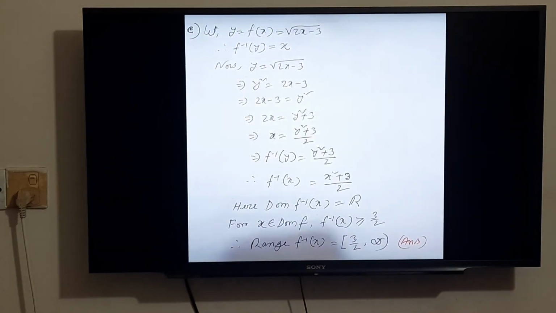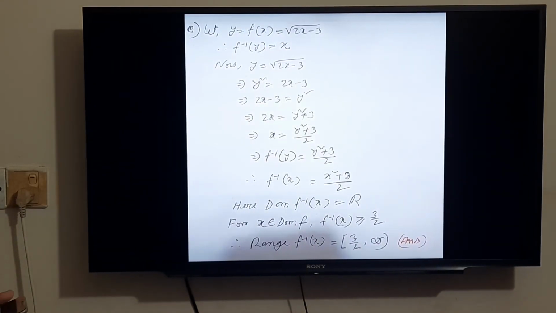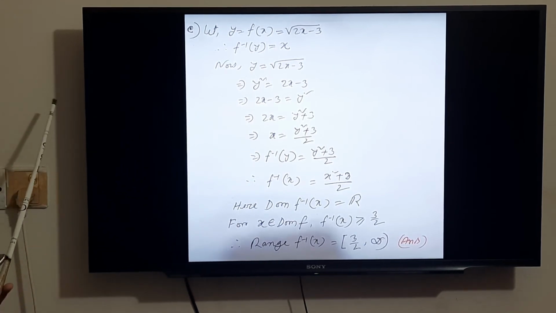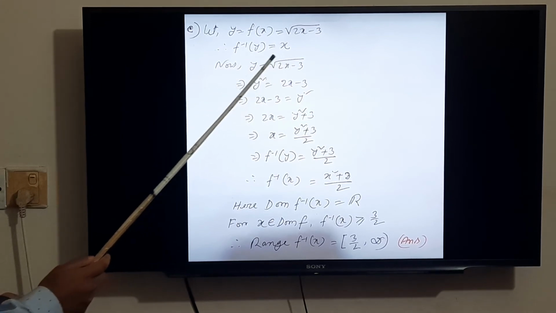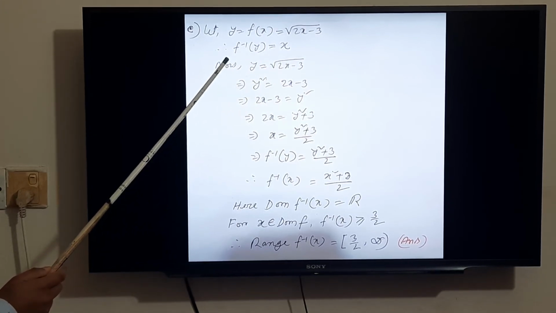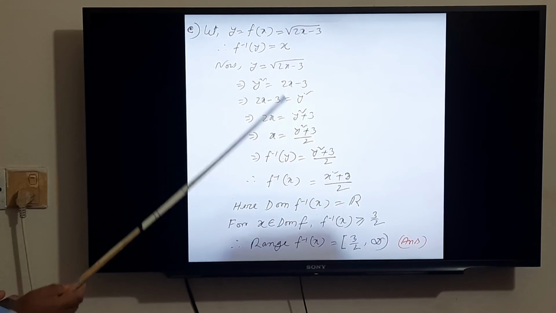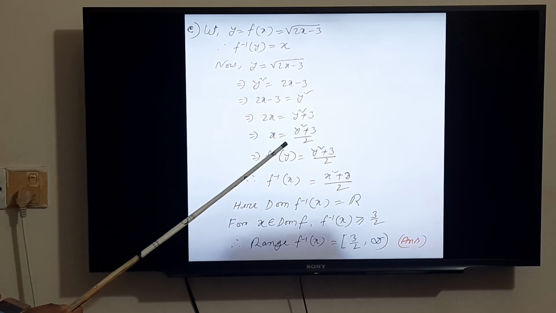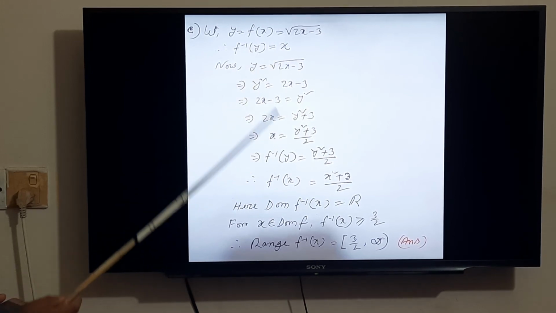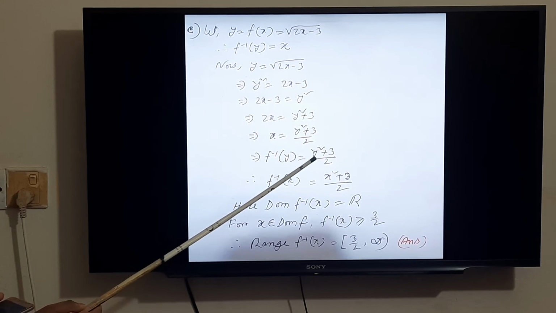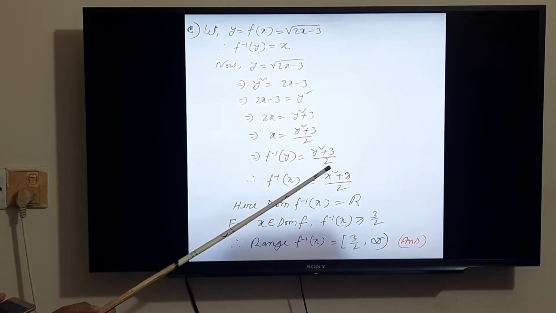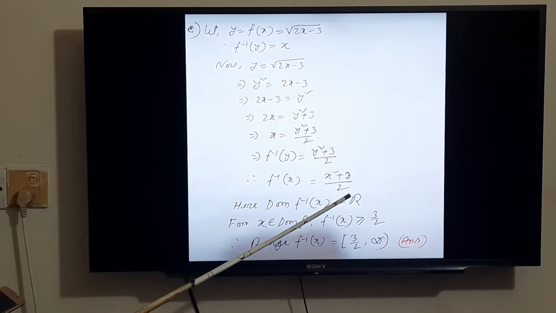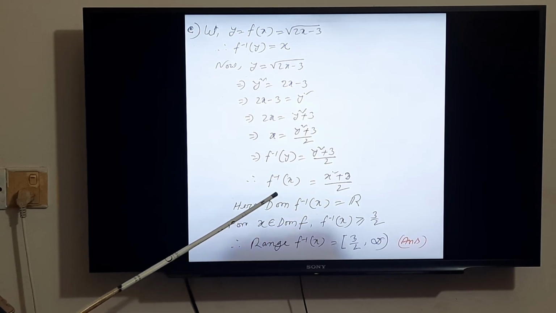In this expression, at first we need f inverse x, and this is our condition for f inverse x, and we need the value of x. We have got the value of x by this procedure. Then x is equal to f inverse y, so y square plus 3 divided by 2. We need f inverse x, that's why y is replaced by x. This is our f inverse x.